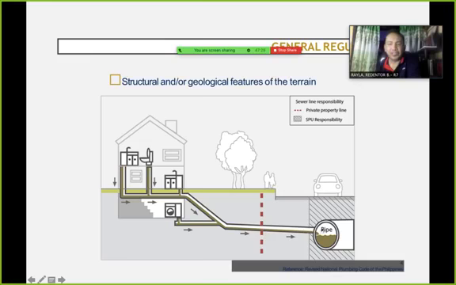So the tendency of this pipe, or this sewer, is to go back to the building. So, structural or geological features of the terrain. That's why when you are going to undertake projects, you need to see to it that your design, the invert elevations, will allow the proper disposal. Otherwise, you will resort to pumping.